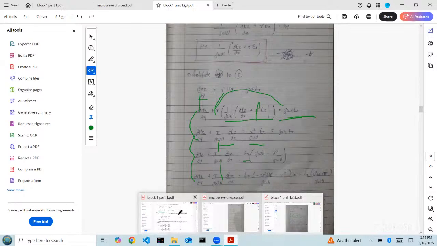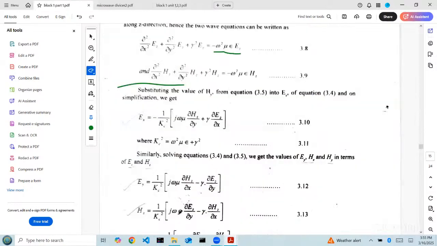How to remember these equations from an exam point of view? Look at the denominator of Ex: dou y, dou x. For Ey, the denominator has dou x, dou y.